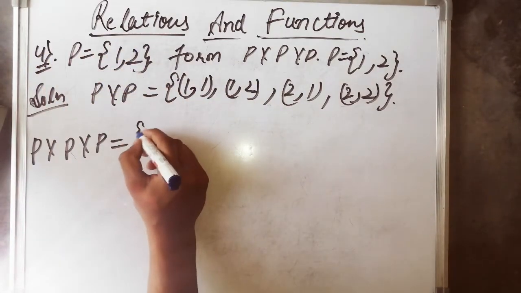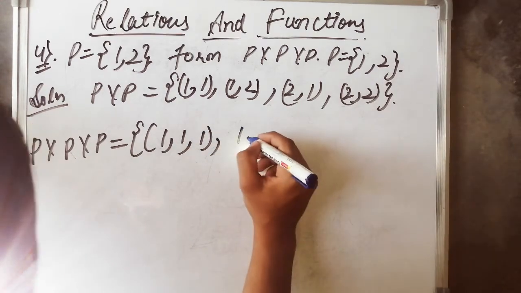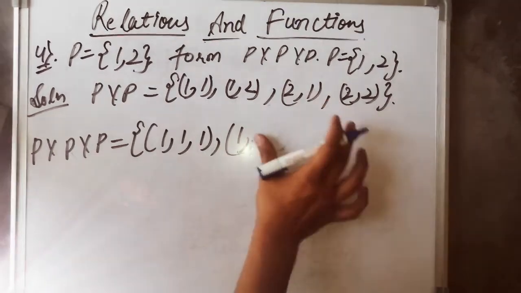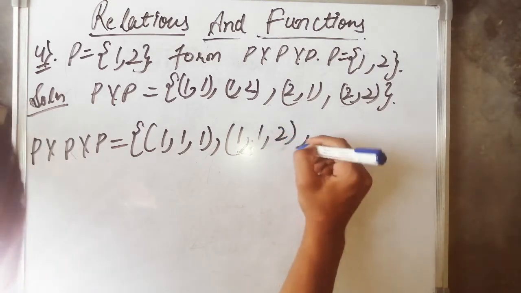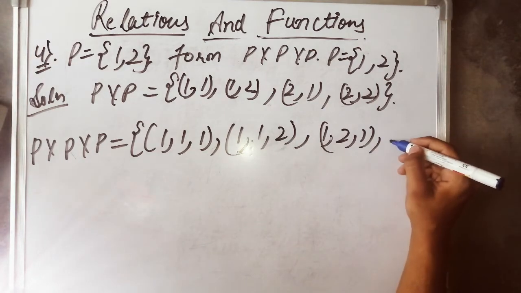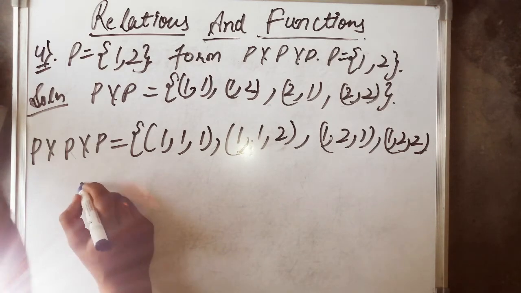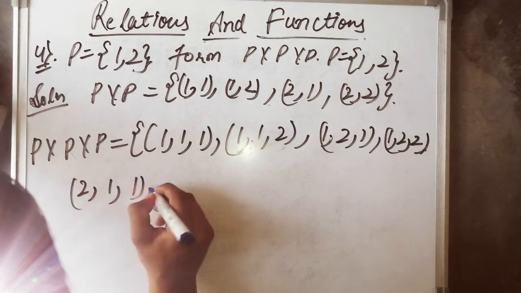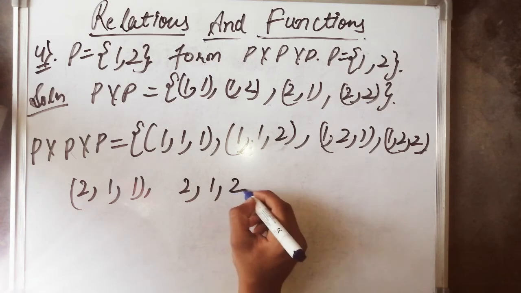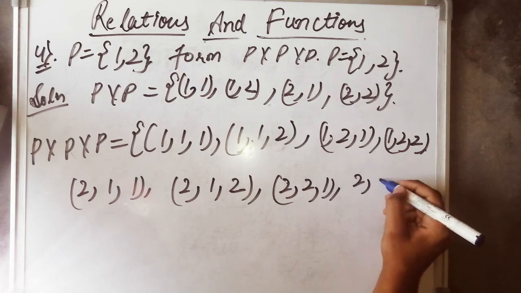Okay, again (1,1,1), (1,1,2), (1,2,1), (1,2,2), (2,1,1), (2,1,2), (2,2,1), (2,2,2).